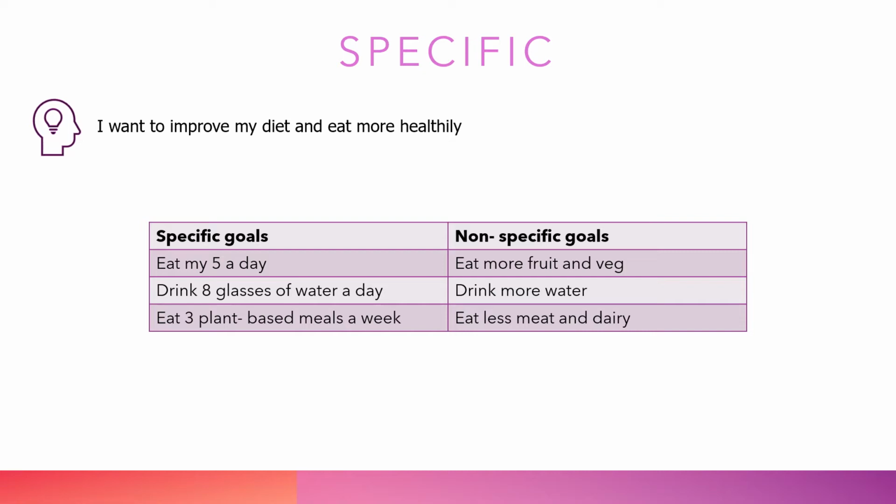But these are just three examples of a way that you could make that thought that you've got of improving your diet more specific, to drill it down to make it something that we can operationalize into a SMART goal. Let's move on.